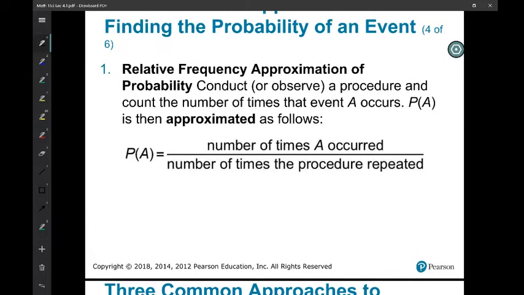For instance, if you were to flip a coin 10,000 times and then record that it was heads 5,050 times, and tails 4,950 times, that would be a reason to conclude that flipping a coin was about a 50-50 chance.